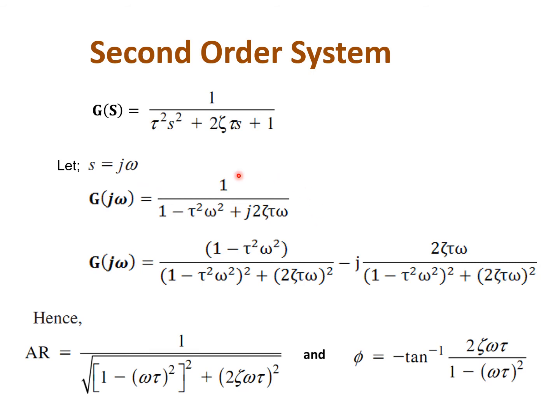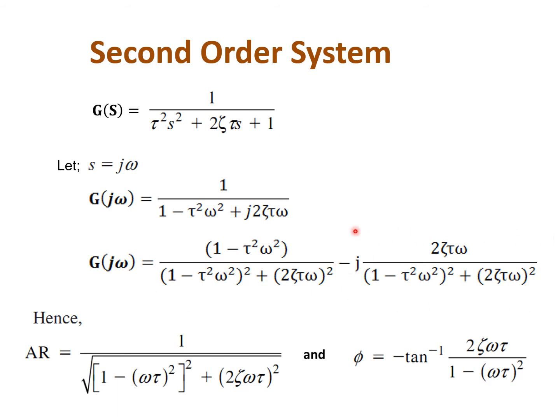To get the amplitude ratio and the phase lag, we have to convert into the real part and the imaginary part by multiplying by the conjugate, which is 1 minus tau squared omega squared minus 2 zeta tau omega j, over 1 minus tau squared omega squared minus 2j zeta tau omega. You will get this real part and the imaginary part.